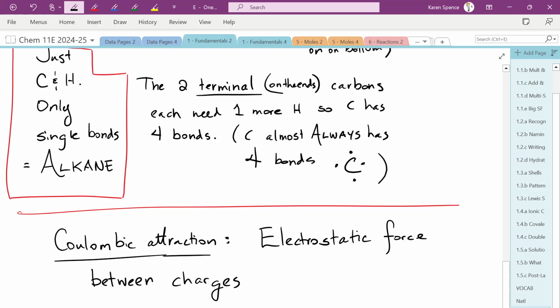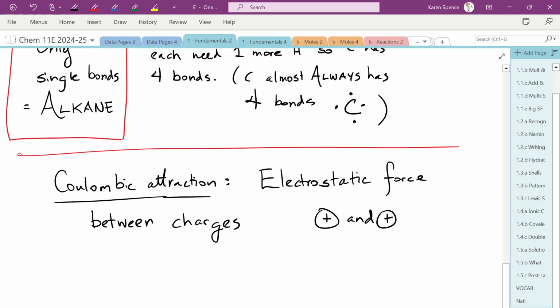And if we have positive and positive, is it an attractive force or a repulsive force? Repulsive force. Negative and negative? Repulsive.